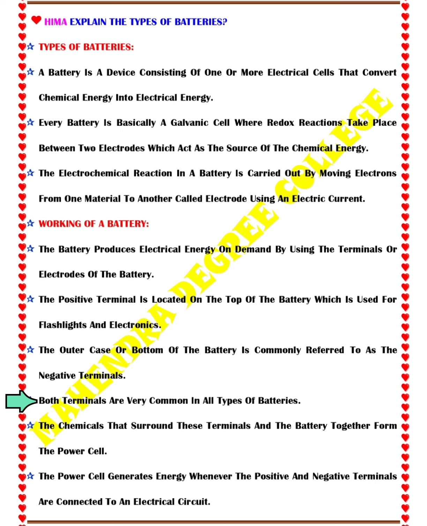A terminal is a point on a battery where electric current enters or leaves. One is positive, another one is negative. Every battery needs two terminals to form a complete electrical circuit. Without both, current cannot flow.